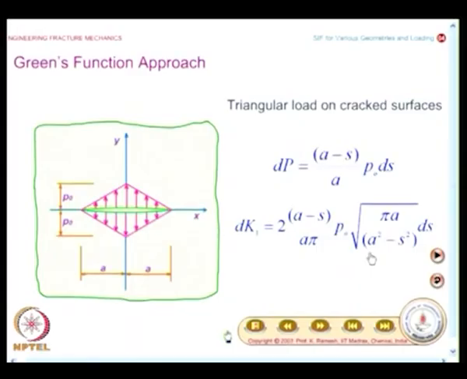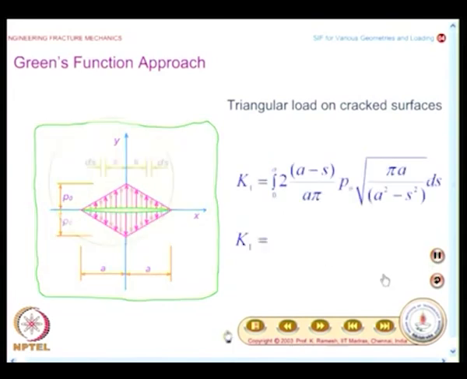See, once you come to a course in fracture mechanics, you will also have to do all this mathematics. For all of this, you need to recall the table of integrals. I have the expression for dK1, and if I have to find out what K1 is, I have to integrate it over the crack length.